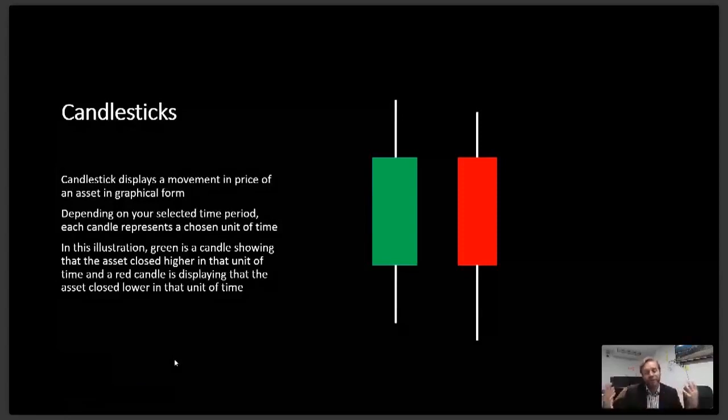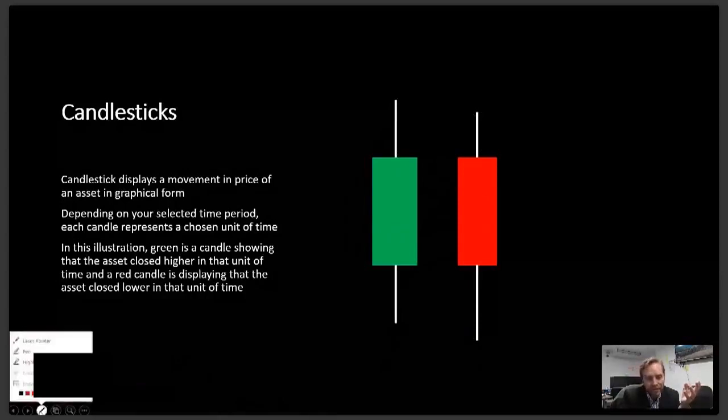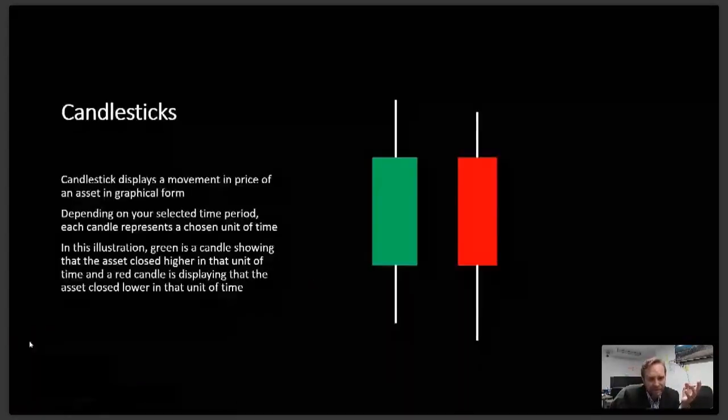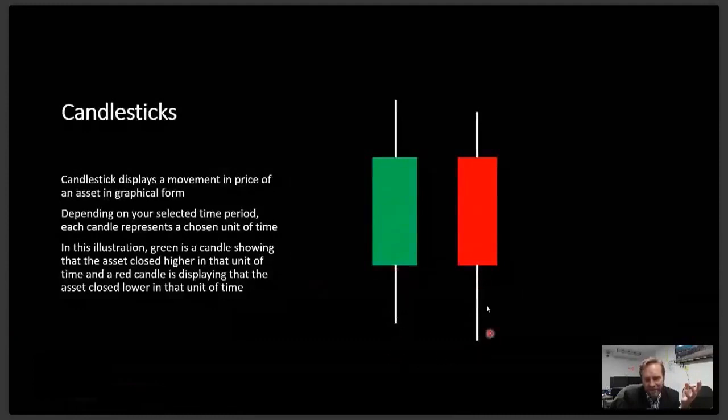So say each candle represents 30 minutes. Now, if we break it down, this solid area here is called the body of the candle. And these little lines here, let me get my pen as well, make it look a bit better. The lines here are called wicks or candlestick wicks.